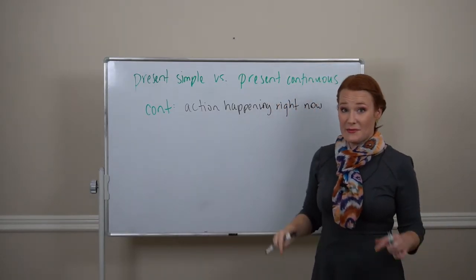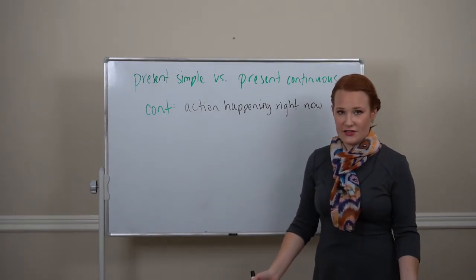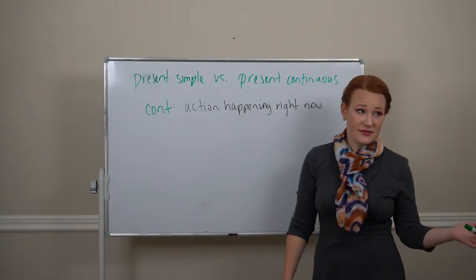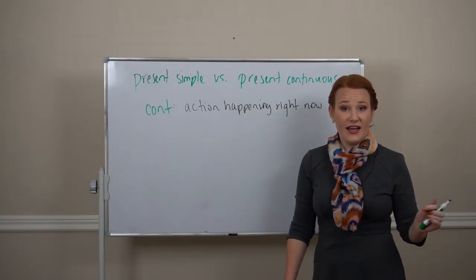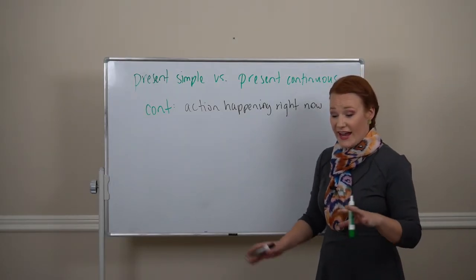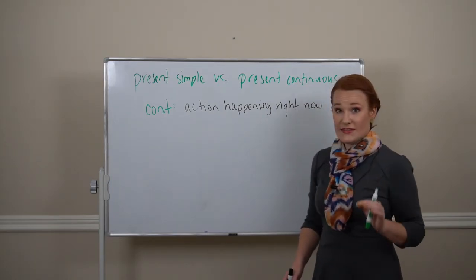So right now I am standing in front of the board. I don't say I stand in front of the board. That's a sentence I could use. I stand in front of the board every day. I stand in front of the board often. But if I want to talk about an action that's occurring, I'll use present continuous. I am standing right now.